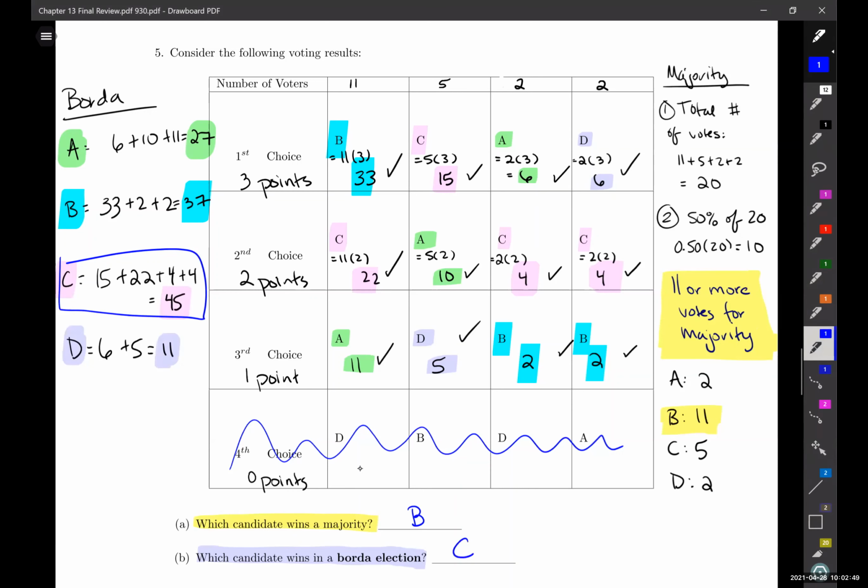And what we notice here is it's the same voting results, but based on which election method we use to calculate the winner, we'd get a different answer. So same results, but if you did majority, B wins. But if you do the same results with the Borda method, C wins.